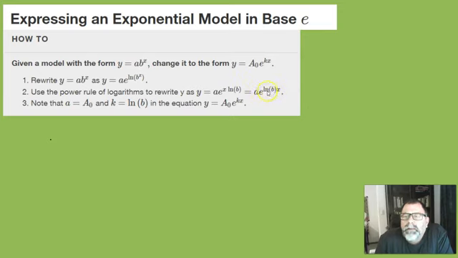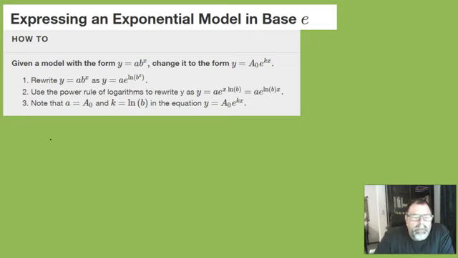And then note that a is equal to a sub 0 and k is equal to ln of b in the equation y equals a sub 0 e to the kx. So basically, if you want to rewrite base b to e to the kx, you're just going to do ln of b, and that'll become your k. Right?